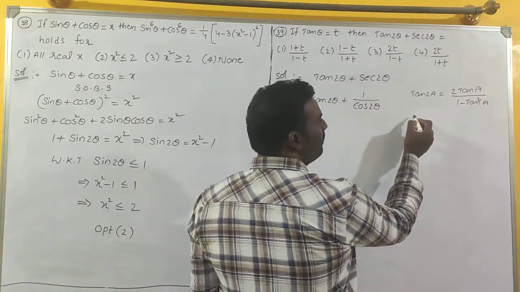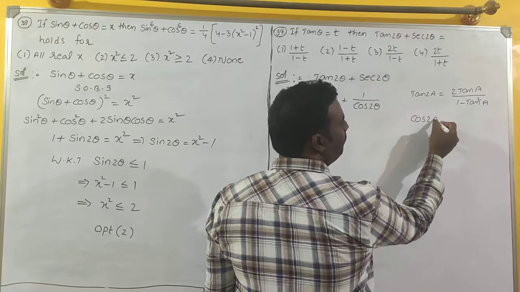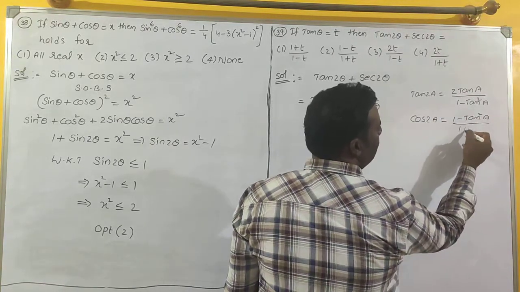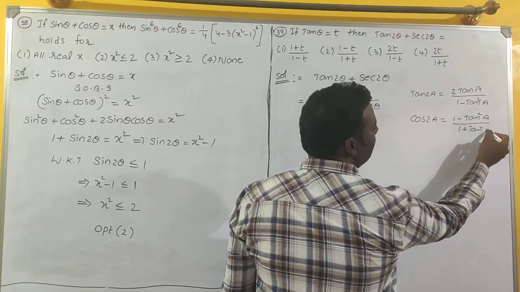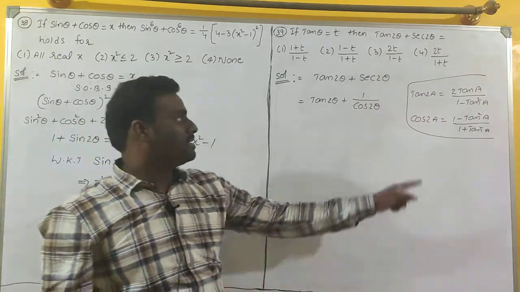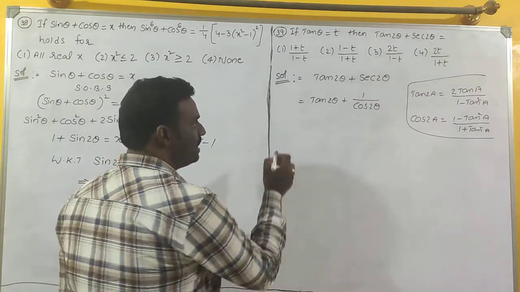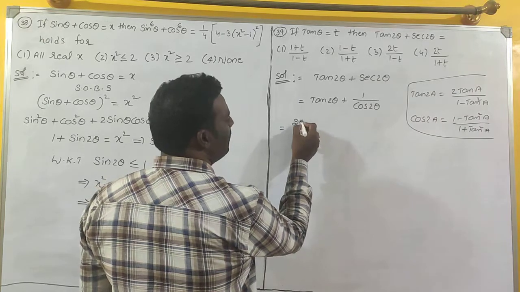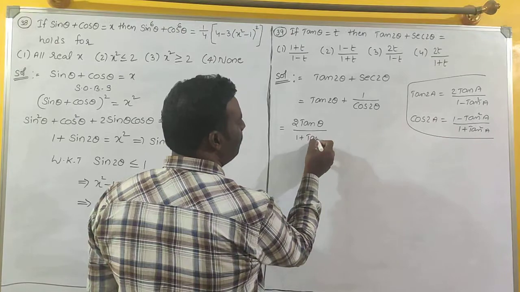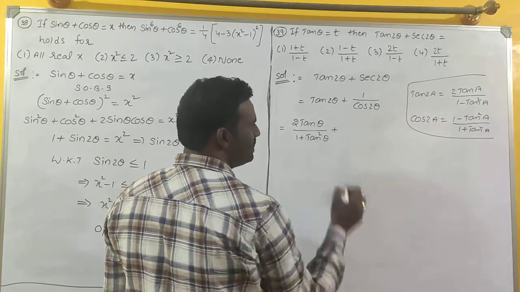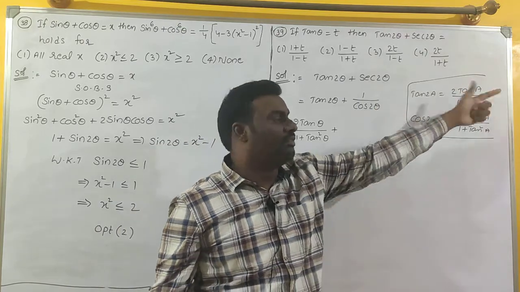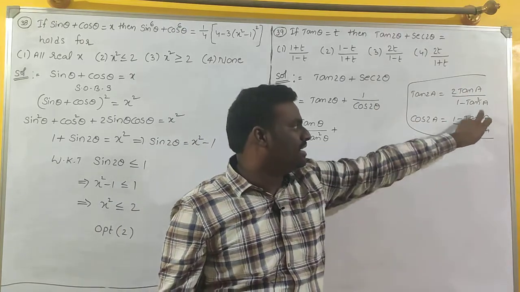And what is the formula for cos 2a? 1 minus tan square a by 1 plus tan square a. I am using these two formulas here. In place of a here, theta is there. Now this can be written as 2 tan theta by 1 plus tan square theta plus cos formula we already know, but here it is 1 by cos, that's why take the reciprocal. 1 by cos means this is numerator and this is denominator.